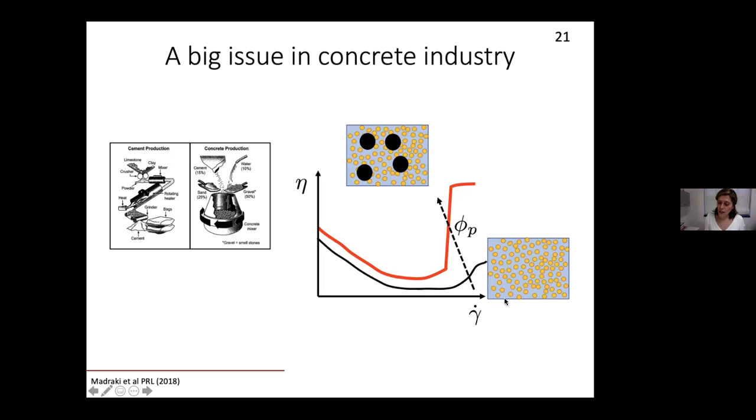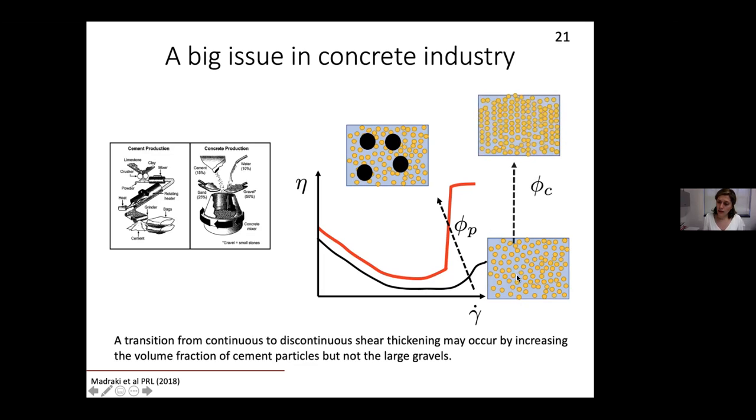But also, when I talked about the suspension of cornstarch in water, or oobleck, I said that as we increase the grains of cornstarch in the system, at some point I transition from continuous shear thickening to discontinuous shear thickening.